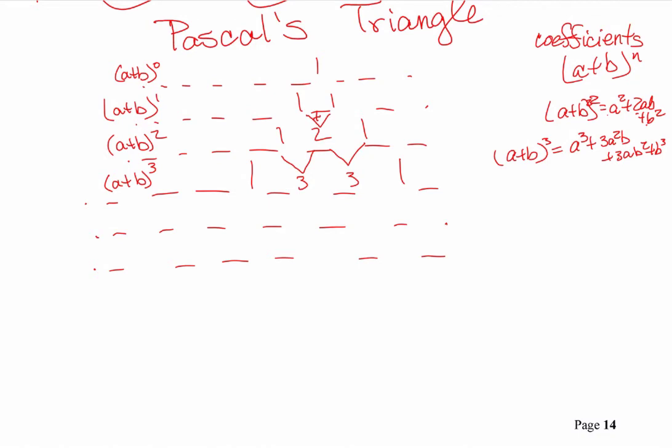Sorry, my pencil battery is going low. So then here, I will have 1, 4, 6, 4, 1. And that's a plus b to the 4th. A plus b to the 5th is 1, 5, 10, 10, 5, 1, and so on.